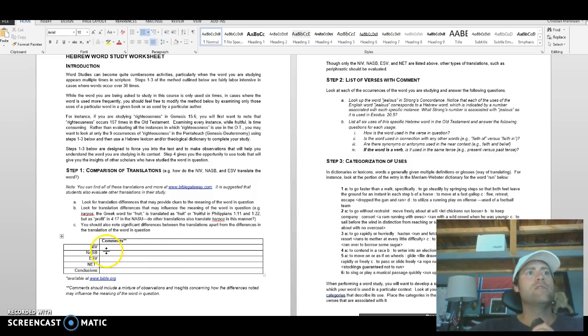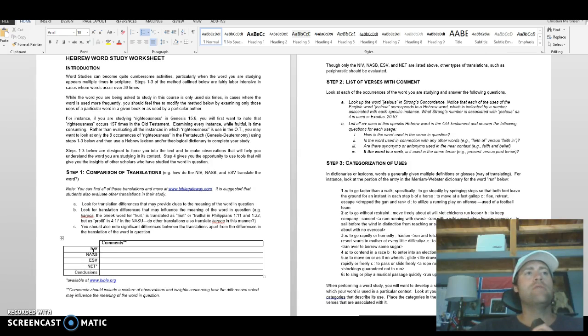So you're going to look at the NIV, NASB, ESV, and NET versions, and you're going to make any comments. Again, you're going to look at the same verses, but you're going to do that for each translation, looking for differences that may influence the meaning of the word in question.